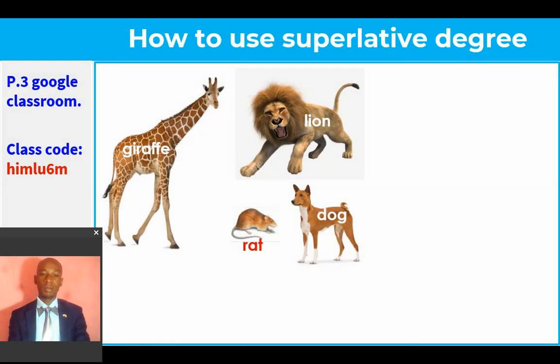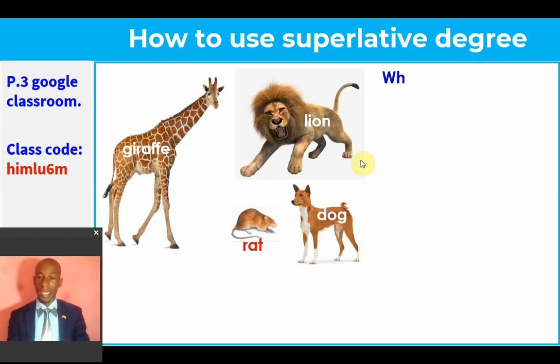Let's now look at how to use the superlative degree. I will use the same examples. Remember, superlative degree, we bring out one item. Like here we have animals. So we shall talk about one animal out of the many. We shall compare it with others. And we have here giraffe, rat, dog, and lion.